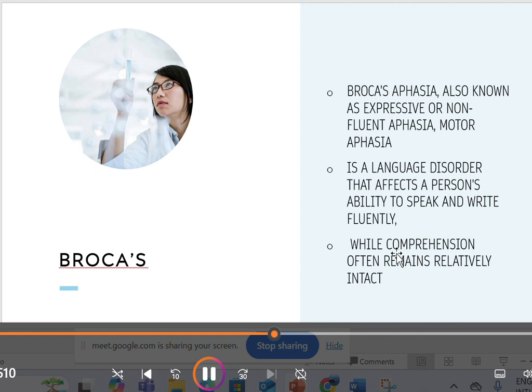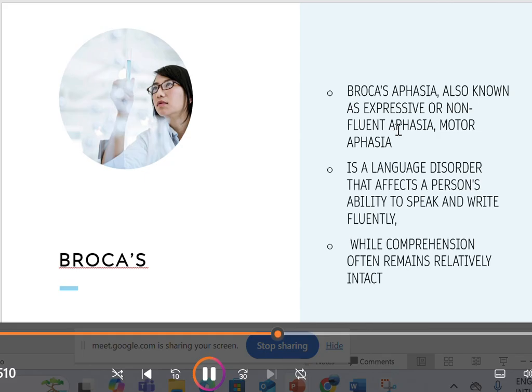Next one is Broca's aphasia. This is associated with Broca's area. Broca's aphasia is also known as expressive, non-fluent or motor aphasia. It is a language disorder that affects the person's ability to speak and write fluently. That is why it is known as non-fluent aphasia.